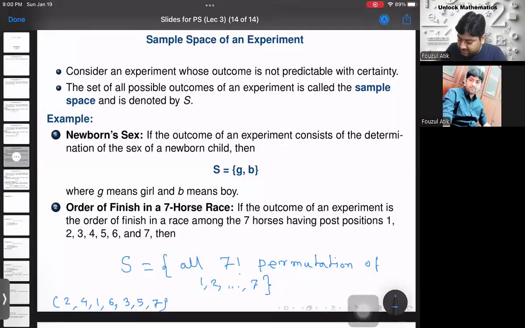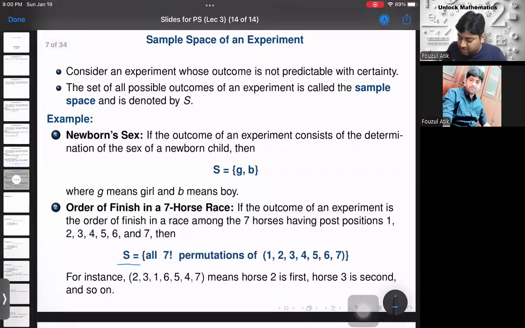So this is one example. In this way, how many different outcomes will you have? All permutations of the numbers 1 up to 7, so there are 7 factorial outcomes. This is the sample space in this case. Yes, as we discussed, all 7 factorial permutations of the numbers 1 up to 7. I hope it is clear.